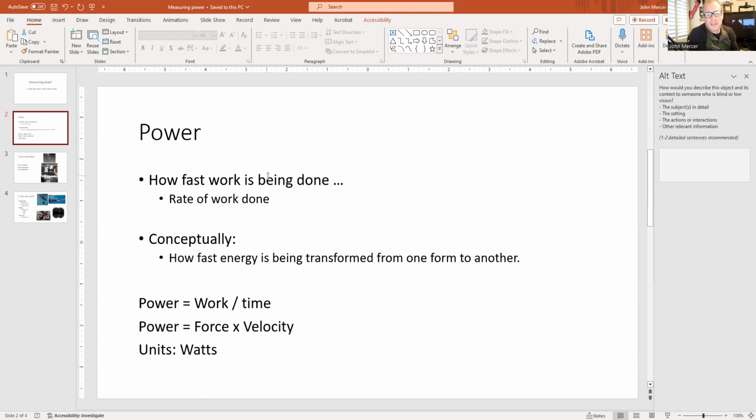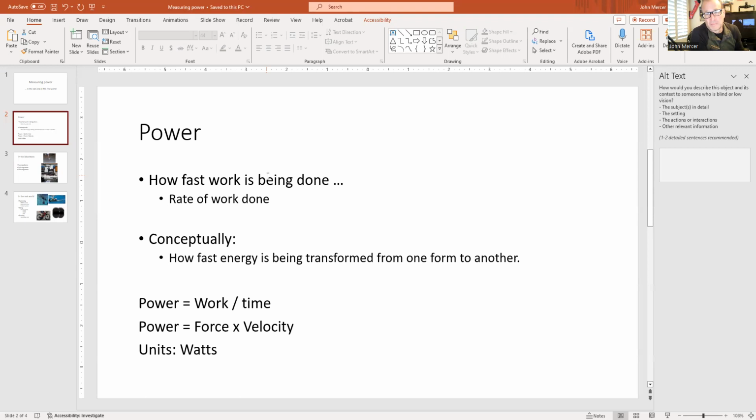And ultimately, we have mechanical energy. So we're transforming potential chemical energy, carbohydrates, fats, to mechanical energy, the shortening of a sarcomere and contraction of a muscle. So we often want to know how fast we're transforming that chemical energy to mechanical energy.